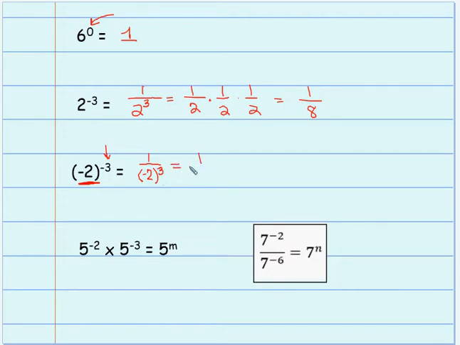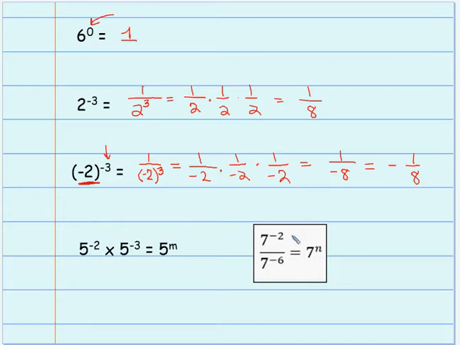And then I'm going to take 1 over negative 2 times 1 over negative 2 times 1 over negative 2, because I need to use that base, that factor 3 times. And 1 times 1 times 1 is 1, but negative 2 times negative 2 is positive 4, and positive 4 times negative 2 is negative 8. And so you can just write that with the negative symbol out there by itself.